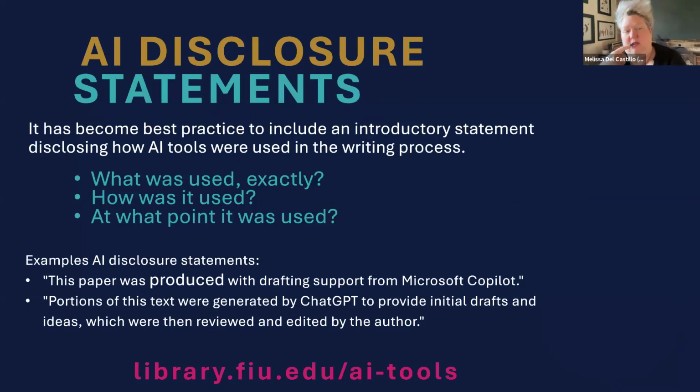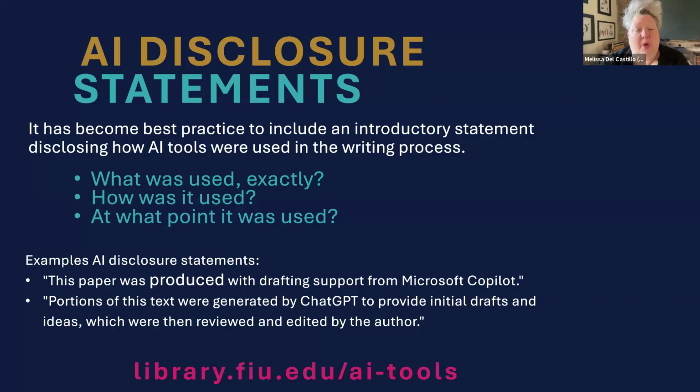One forward. Oh, AI disclosure statements. This is something that has recently been added to your publishing workflow as a scholar. If you are using these AI tools in your publications, you should be acknowledging their use.